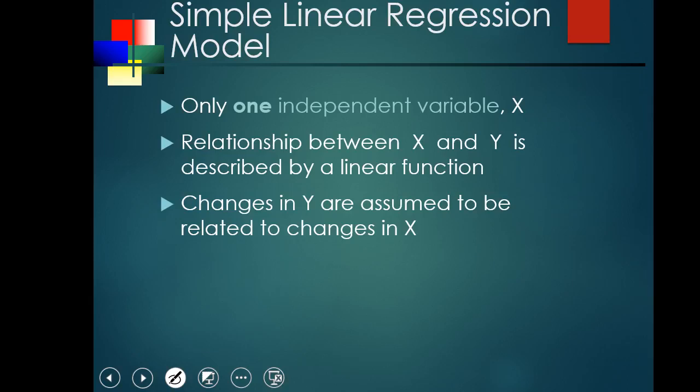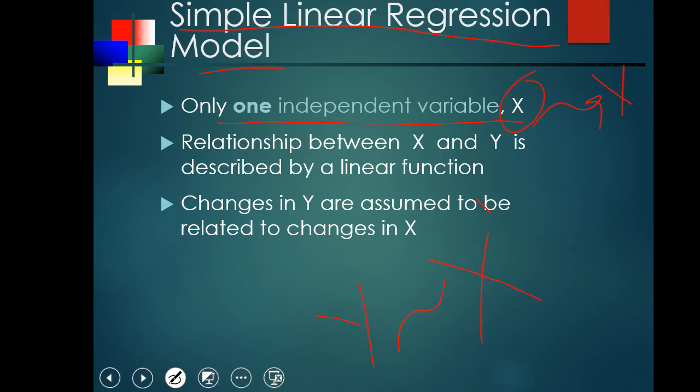Now let's talk about the simple linear regression model. What is the simple linear regression model? If we have only one independent variable x that affects a dependent variable y, in that case we call it a simple linear regression model. Also we have x to the power 1, so we will have a linear relationship between y and x.